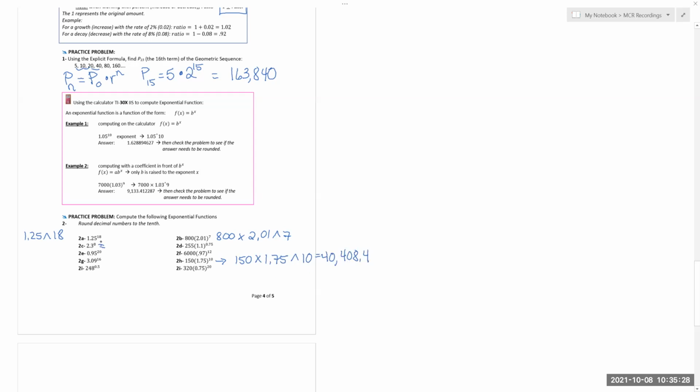This one would be 2.3 caret 8, which is 783.1. And this one would be 3.09, that's tripling, caret 16, which would give you 69 million, etc. So just a few to work on with your calculator.